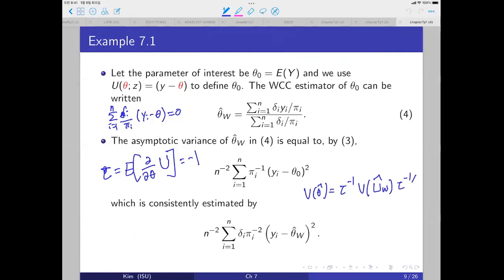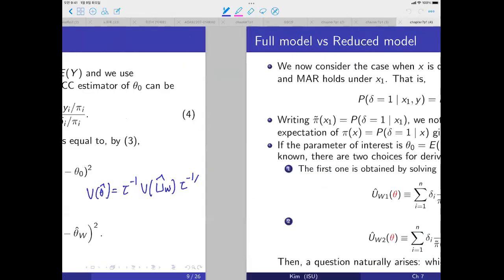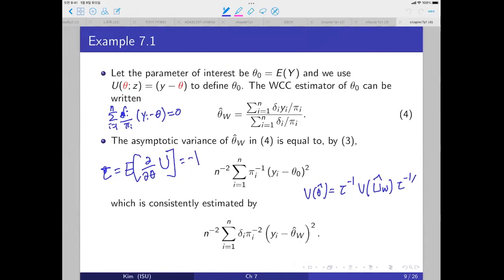So that is the variance formula, and then you can use the sample to estimate. You don't observe y_i throughout, right? So you need to use the Horvitz-Thompson idea again to estimate this. Okay, so that's basically the idea.